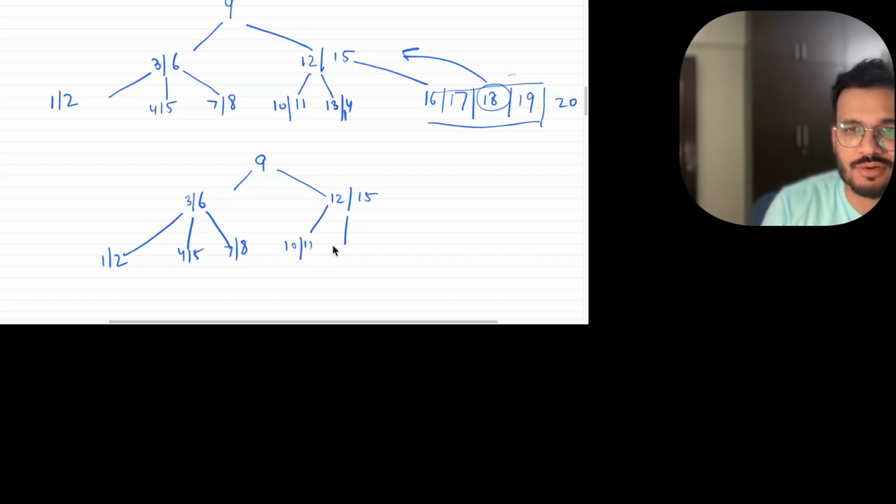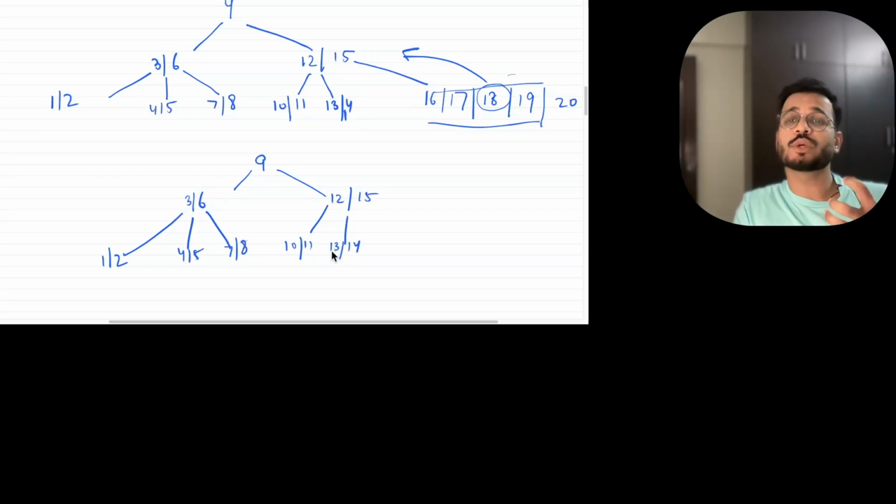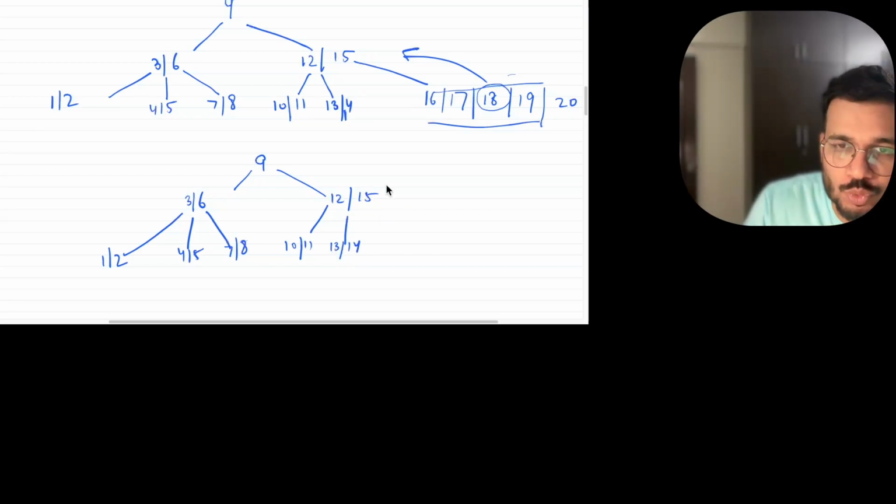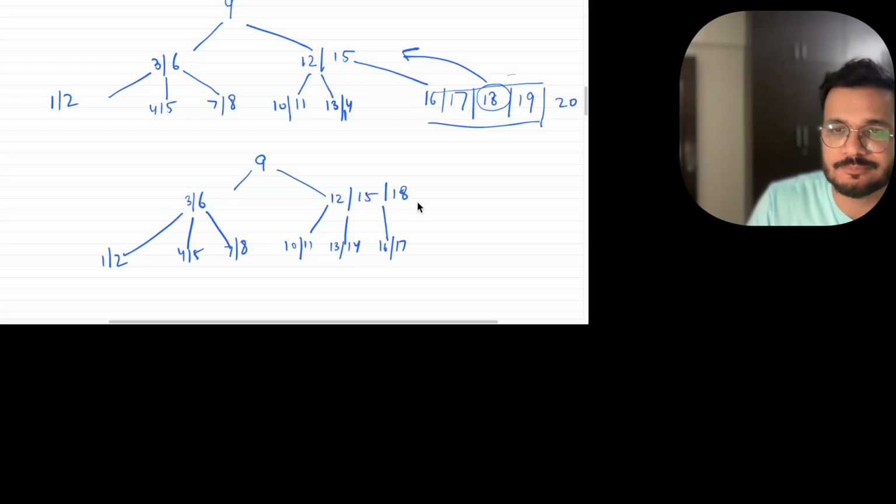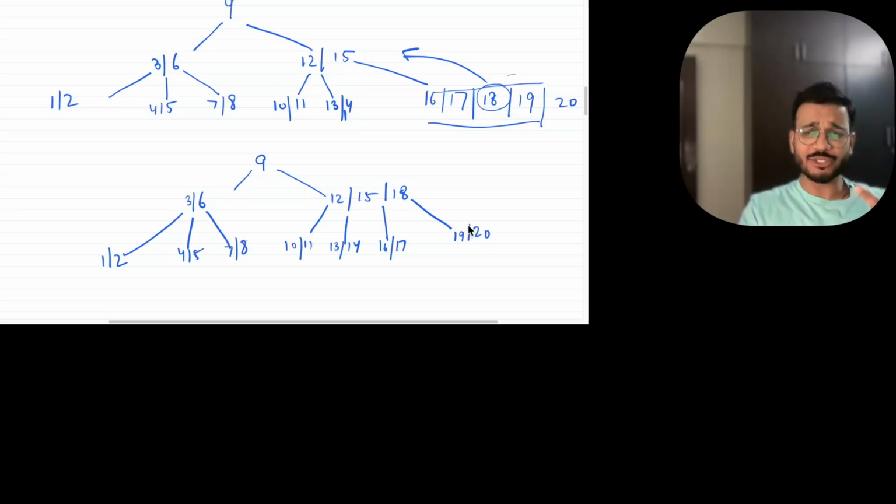Then we will have the right child as 13 and 14. Now we need to move 18 up. So we will move 18 here. We will have the new children as 16, 17, 19 and 20. Do you see the auto balancing of this B tree?